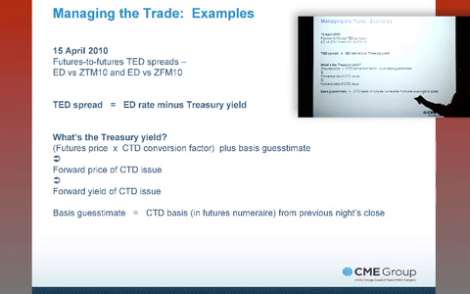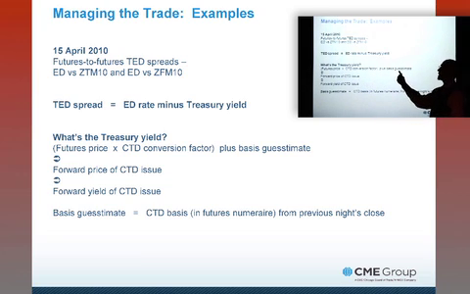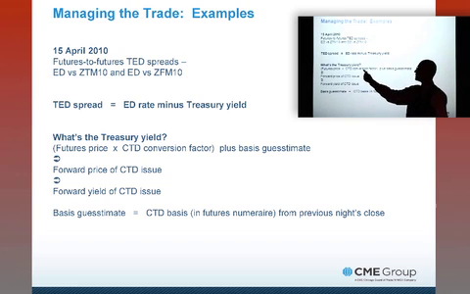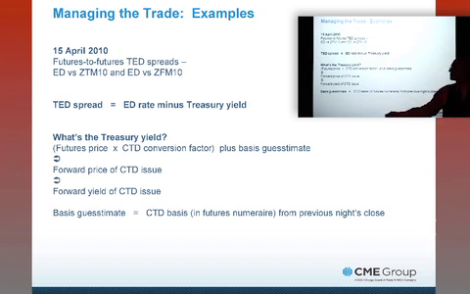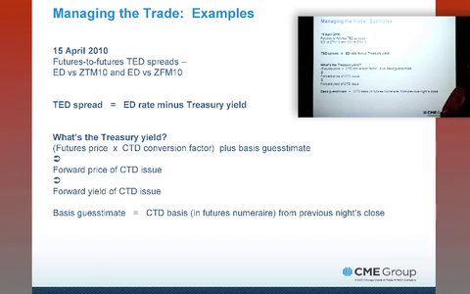It's the cheapest to deliver basis from the previous night's close. You use this mechanism and you look at that. That becomes a fixed value. I mean, it's just something you posit. This you know because the exchange tells you what the conversion factor is. All you need to do is plug in the futures price and then compute the yield to maturity.